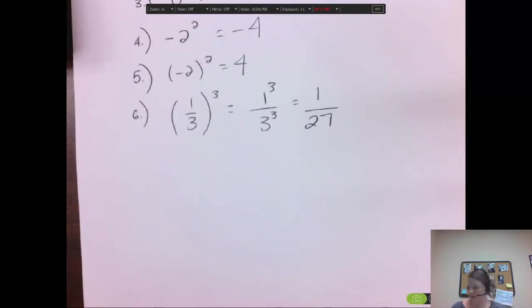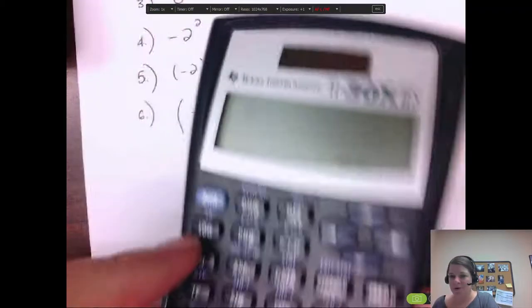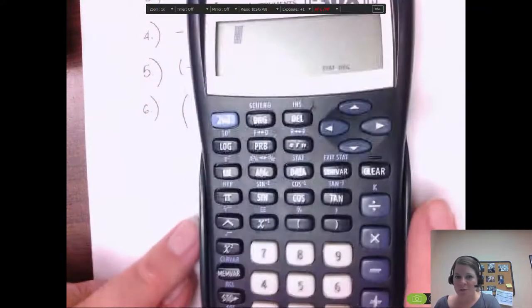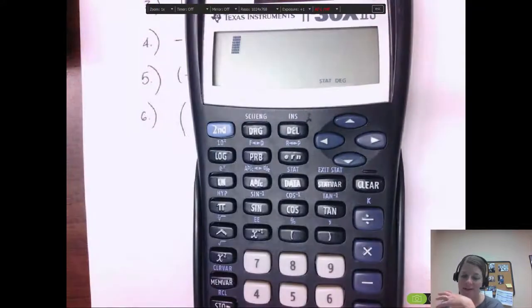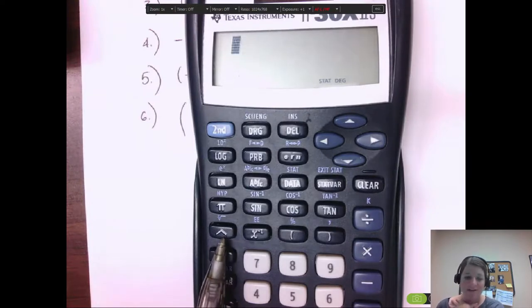Okay, and you should have a key on your calculator for things to the 3rd, 4th power, and because we're on exponents, I'll show that on this one. Most people have a TI, whether it's the big fancy one or the little one. On the TI, this little caret, which is also a shortcut on your keyboard above the 6, means exponent.